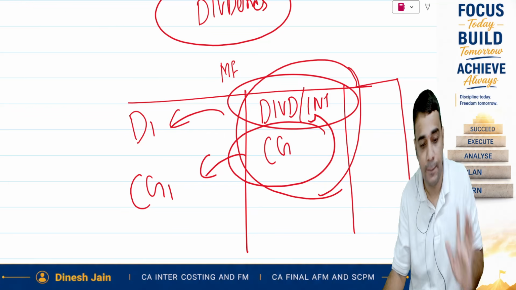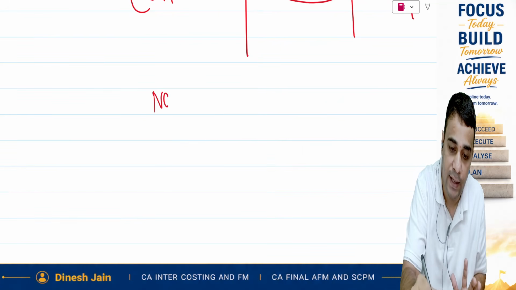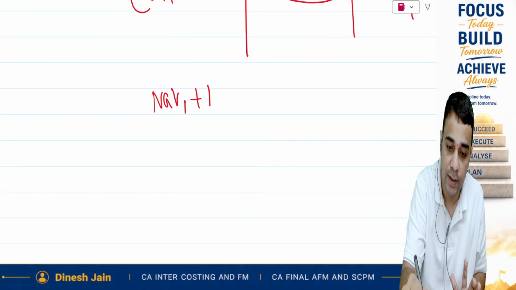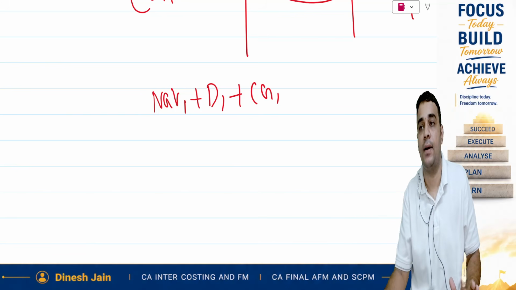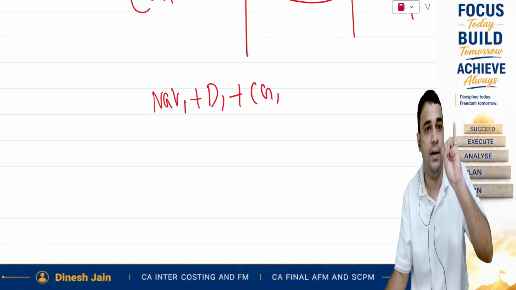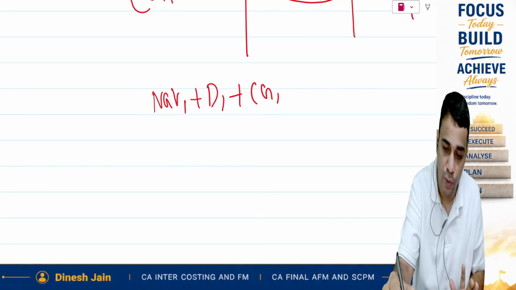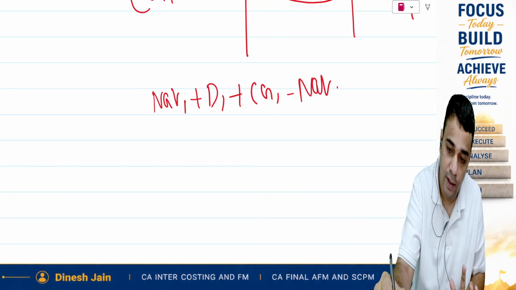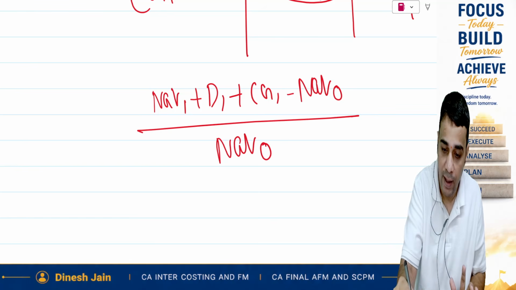So here the institute says what you get back is called NAV1, D1, CG1. By investing, you get back NAV1, D1, CG1. What you give is NAV0.